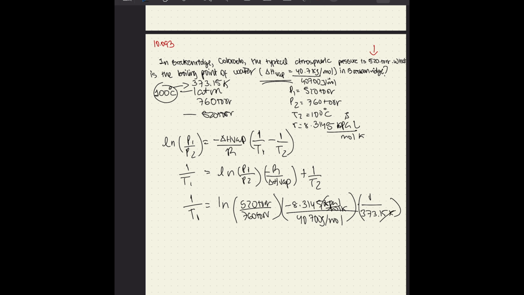This cancels. Wait, actually, you don't cancel the Kelvin. Also, you're dealing with temperature, so you need that unit. Oopsies.